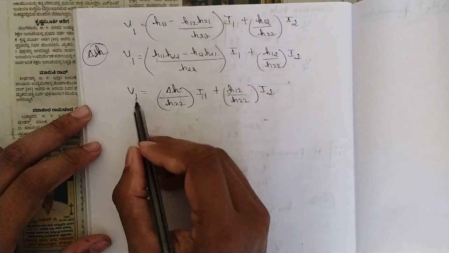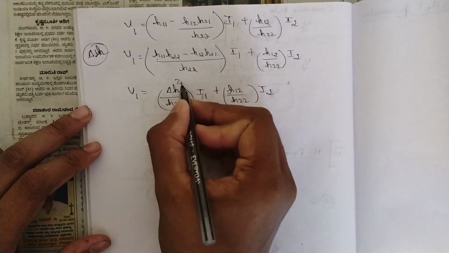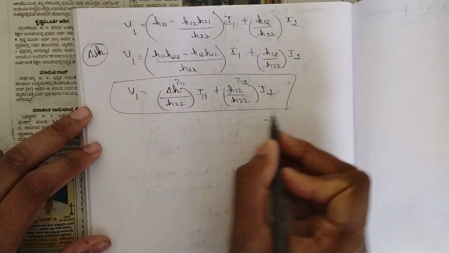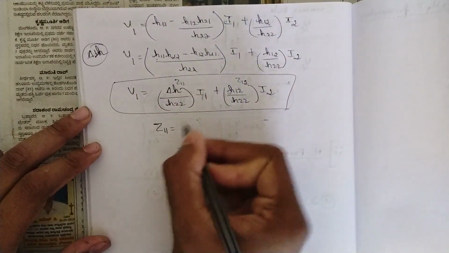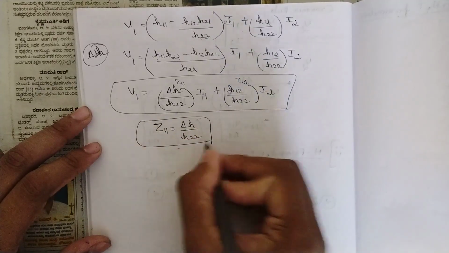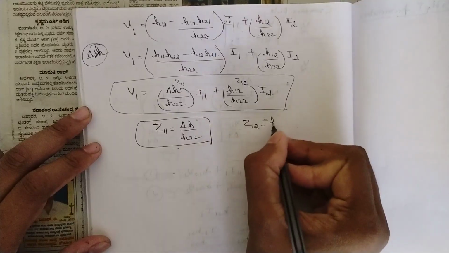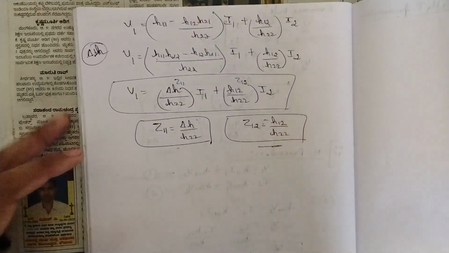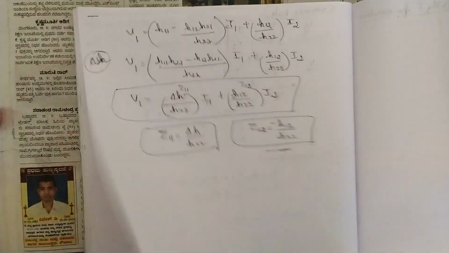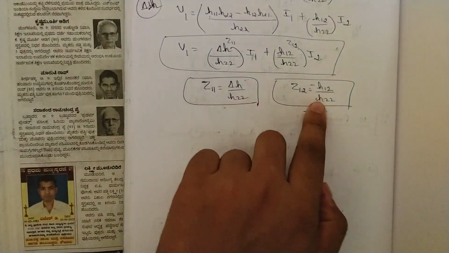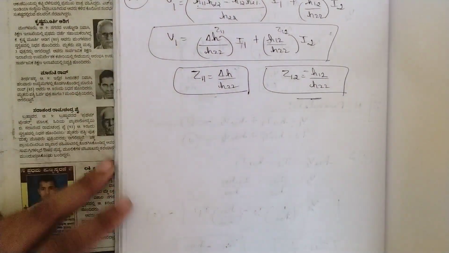Now compare the coefficients of V1 is equal to Z11 I1 plus Z12 I2, right? So the value of Z11 is delta H by H22 and the value of Z12 is H12 by H22. So now we have found all four values, that is Z11, Z12, Z21 and Z22. That is, we have represented Z parameters in terms of H parameters now. So these two are done.